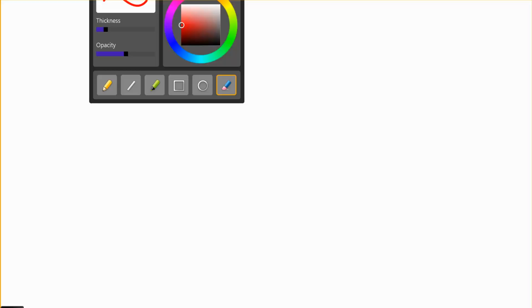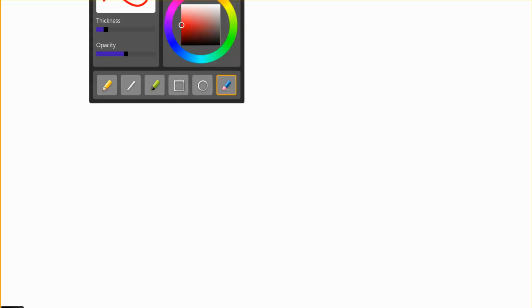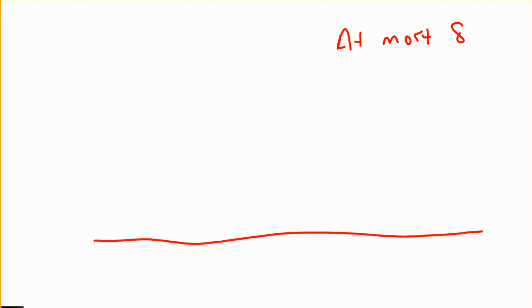How about this phrase? At most 8. If we have at most 8, are we including 8? And the answer is yes, we are. We can have at most 8, but no more.